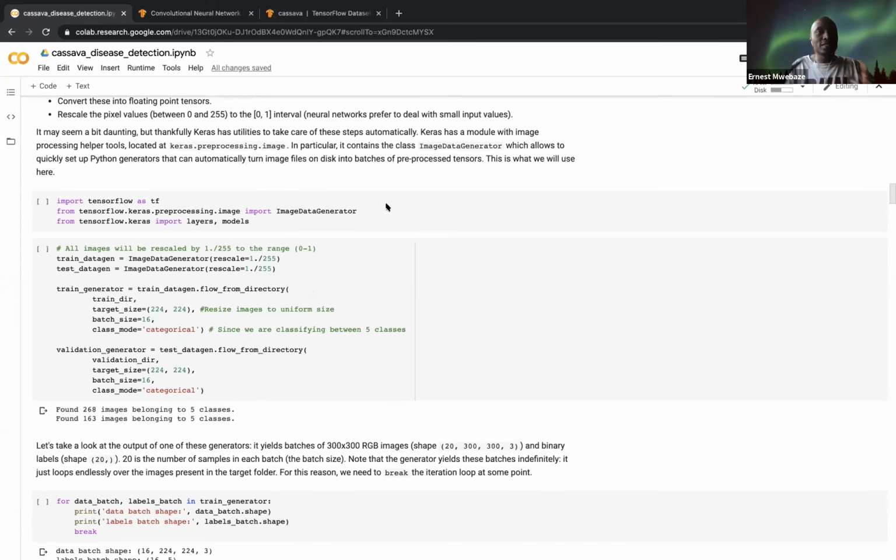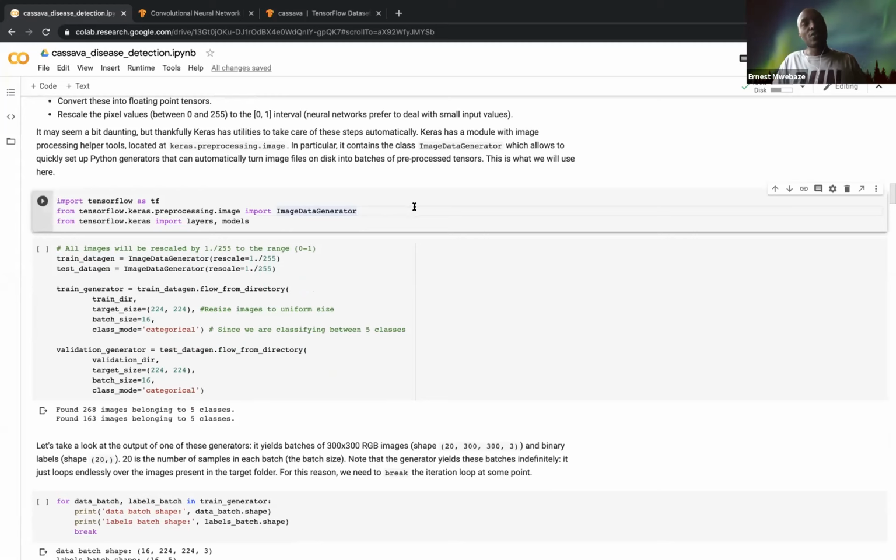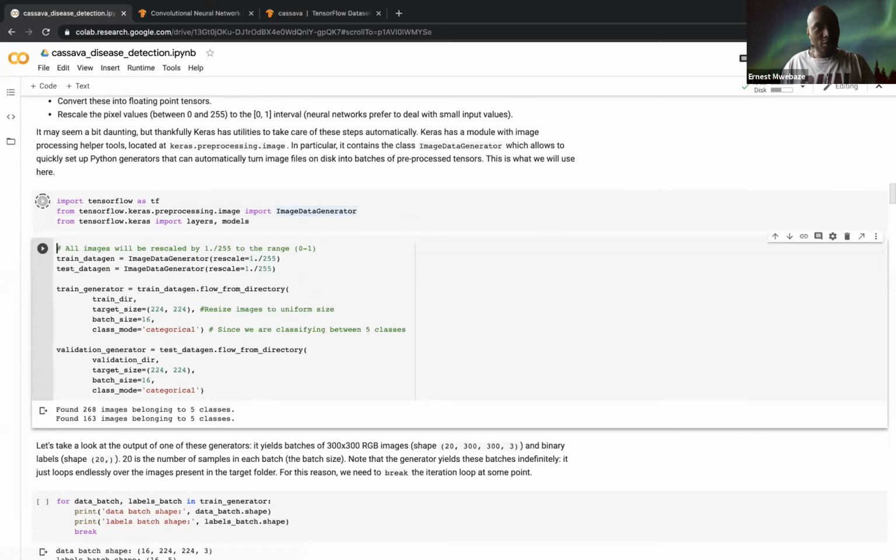Keras or TensorFlow offer ways of doing this easily. So you can import TensorFlow in Colab. It's embedded in there, so you don't need to install it. And then we're using a feature of Keras, which is the image data generator.